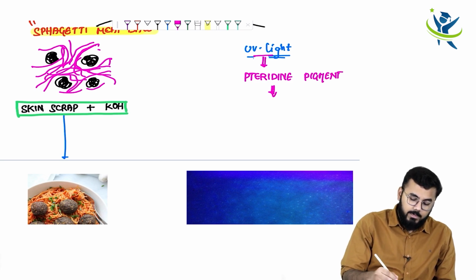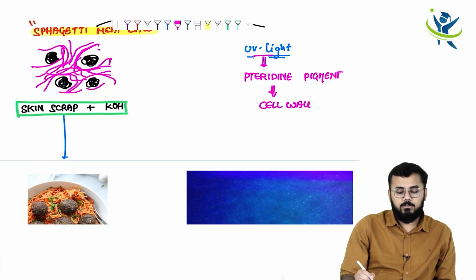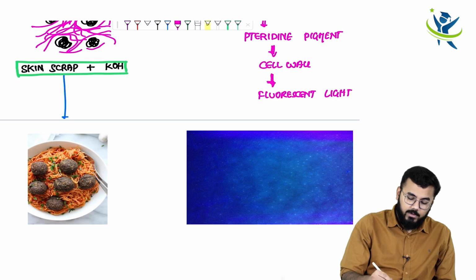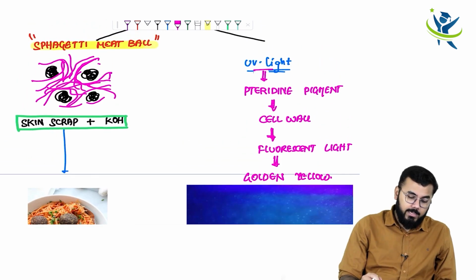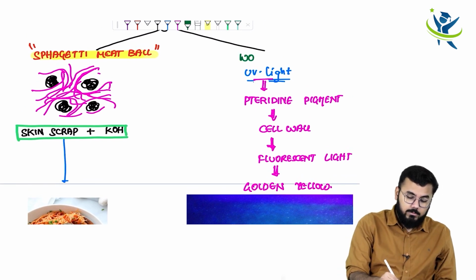This pteridine pigment is located in the cell wall of the fungi, and from here it will reflect a fluorescent light which will look like golden yellow. So this is an important thing, and this test which you hear, this is called as Wood's lamp test.